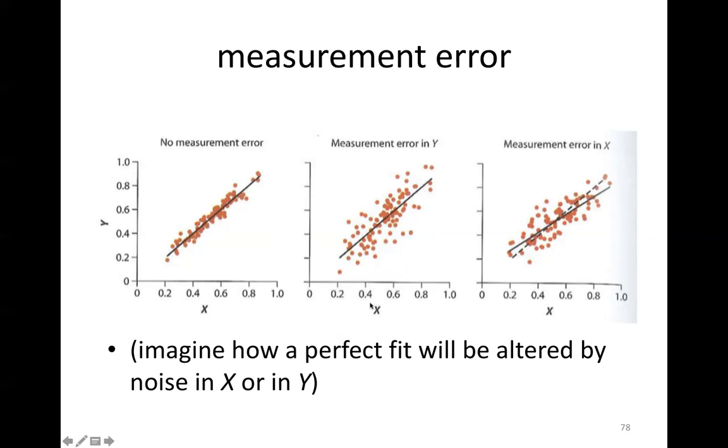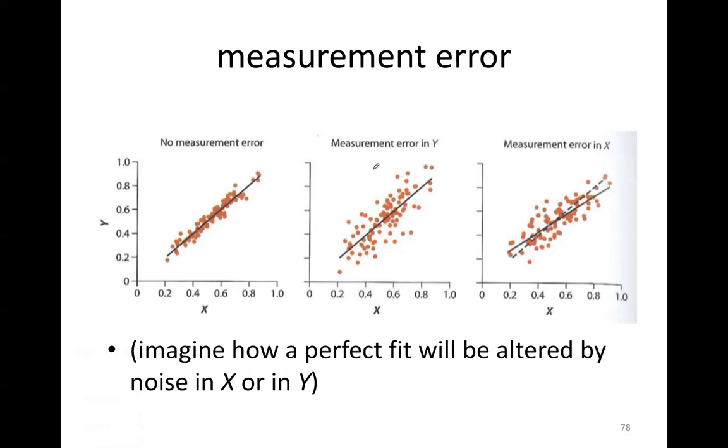But if we introduce noise on the x variable, if x were noisy, then that will also make the slope approach zero. And why is that? It's easy to imagine. Let me show here.